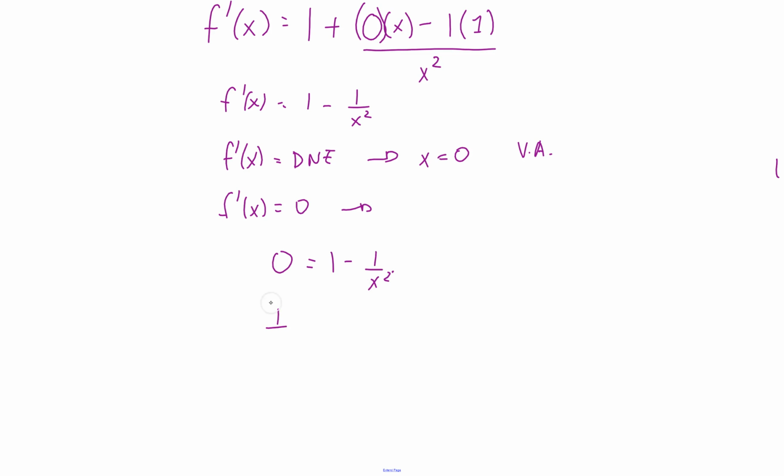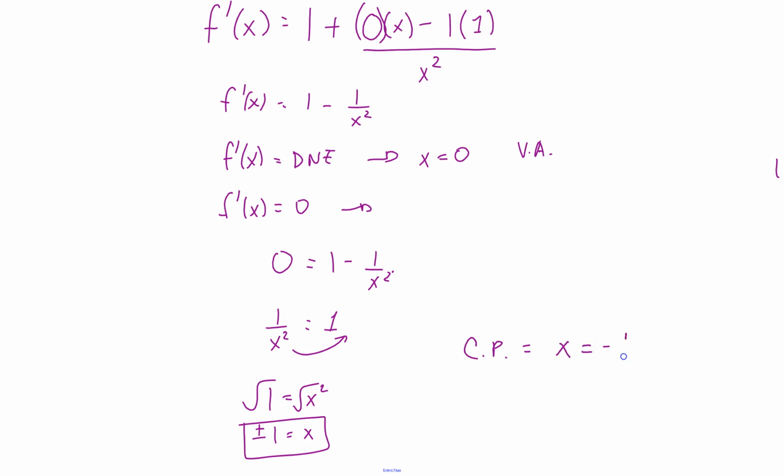So then I move the 1 over x squared to the other side to get rid of the minus, is equal to 1. Multiply both sides by x squared, so I have 1 is equal to x squared, square root that. So plus minus 1 is equal to x. That means we have critical points at plus and minus 1. So critical points, x is equal to minus 1, x is equal to 1, and then we have a vertical asymptote at x is equal to 0.